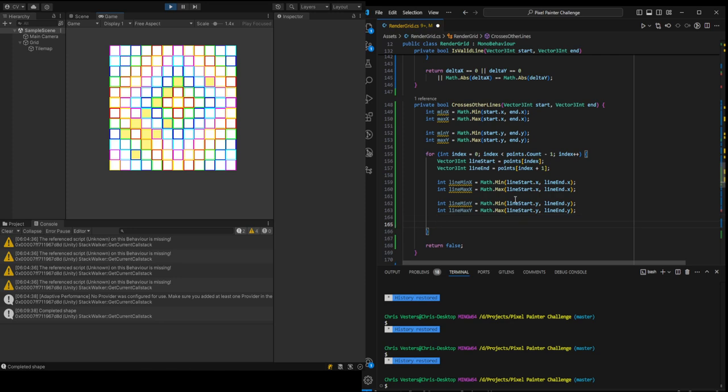And now with the correct comparison, all you have to check is if min x, so if this x is lower than the line max x, no, I would say line min x.